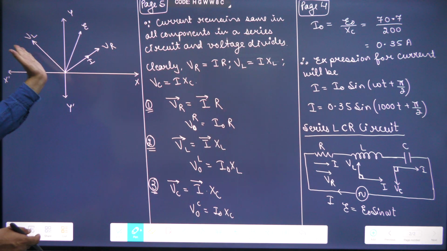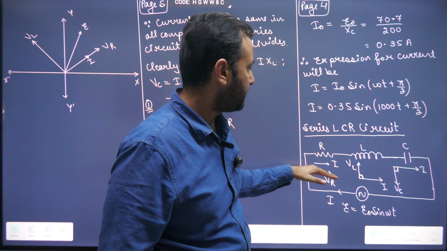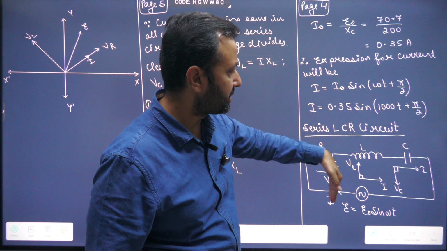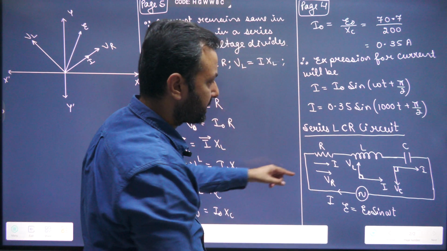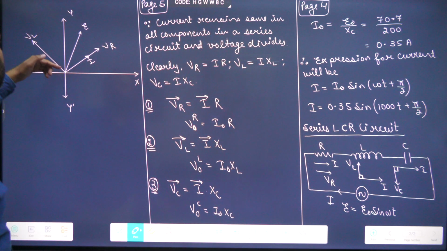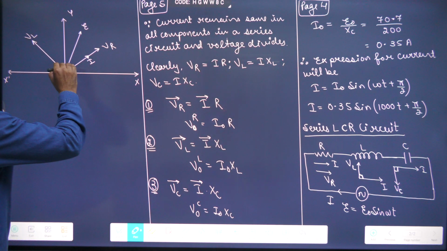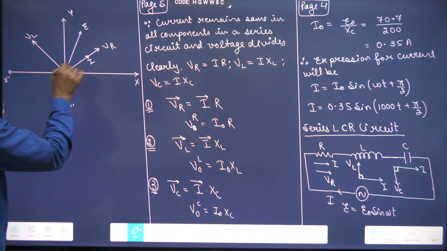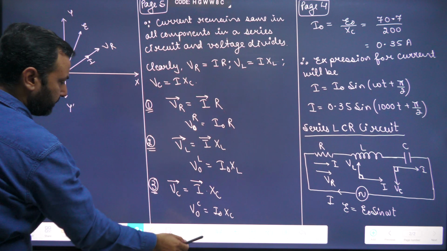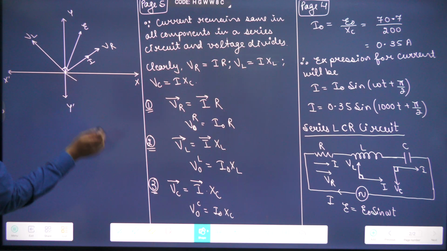So VL is 90 degree ahead of VR, and in the same way, VR is in this direction and VC is in this direction. So VC is 90 degree downwards as compared to VR. So VR is here, so VC will be 90 degree downwards. So let's mark a 90 degree angle here. This one means that the angle between VR and VL is 90 degree.